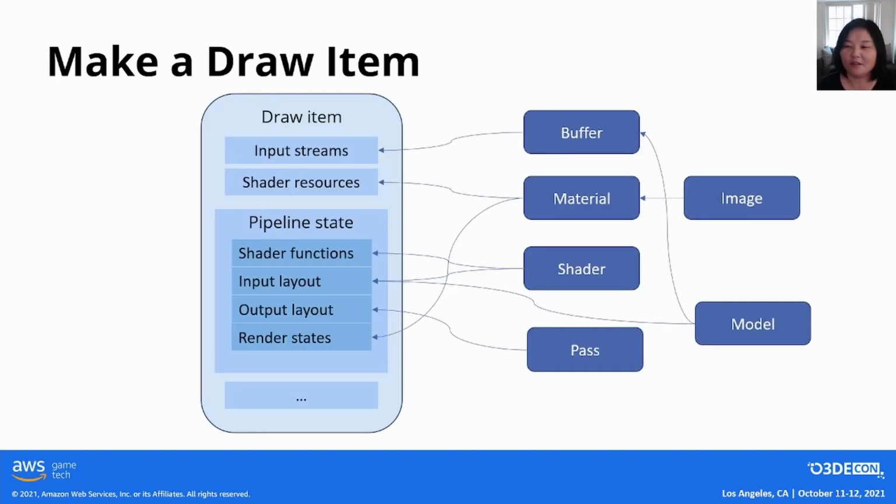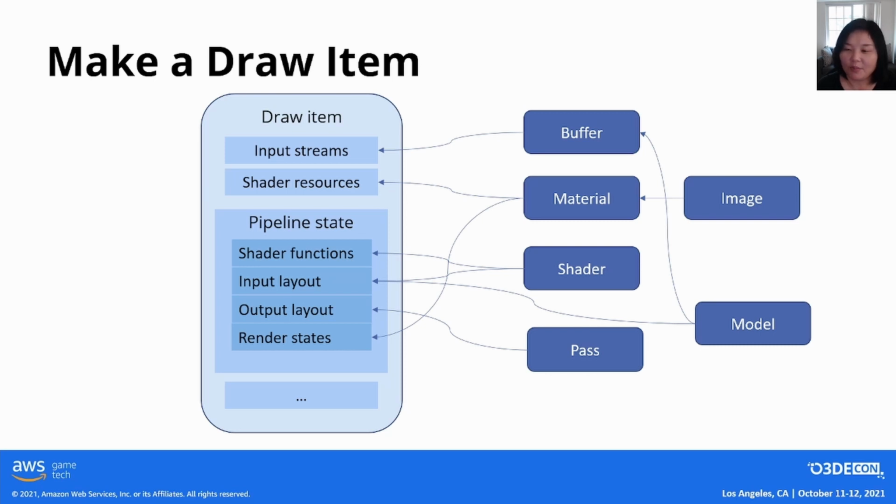So we have talked about these RPI assets. Let's take a look at how they are used to make a draw item. When you need to draw something, you need to submit a draw item to the RHI command list. A draw item usually contains the input streams and the shader resources, but they are not mandatory for some use cases. The pipeline state is required for a draw item.